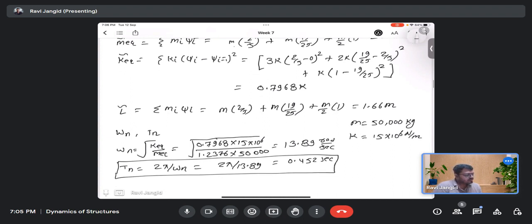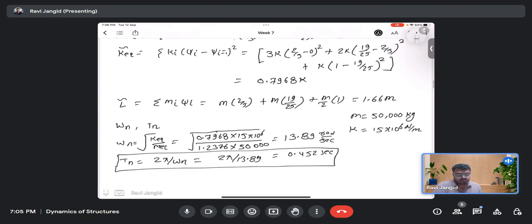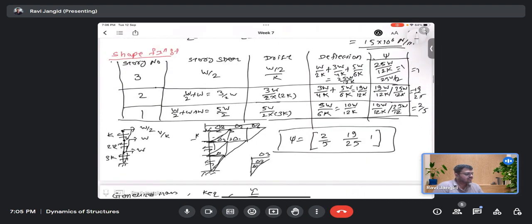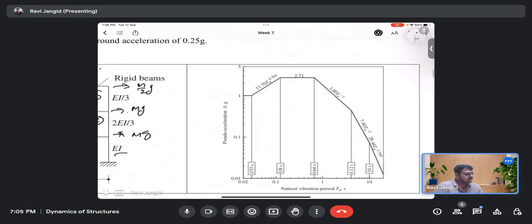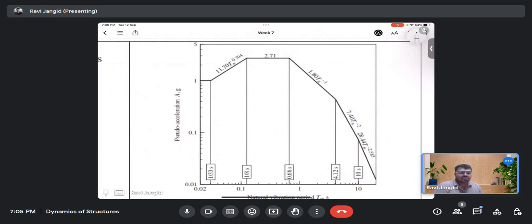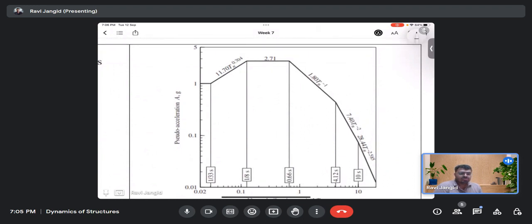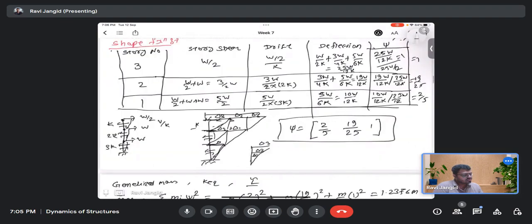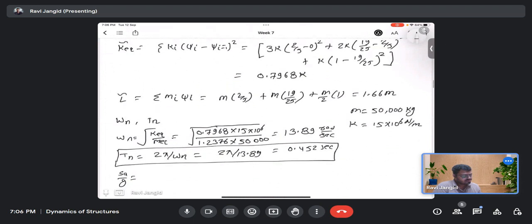Corresponding to 0.452 second, we need to find out what my Sa by g is. So in this graph, if you can see, that 0.452 is lying in this range. Yes, 2.71. It is lying in this range, so that will be 2.71.